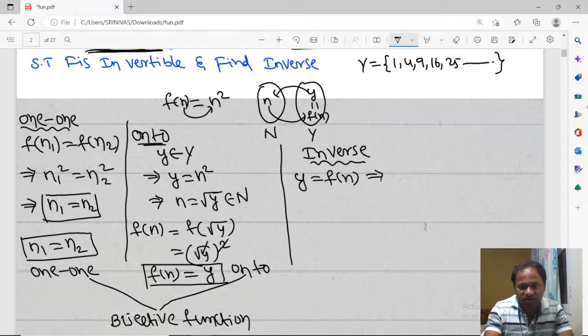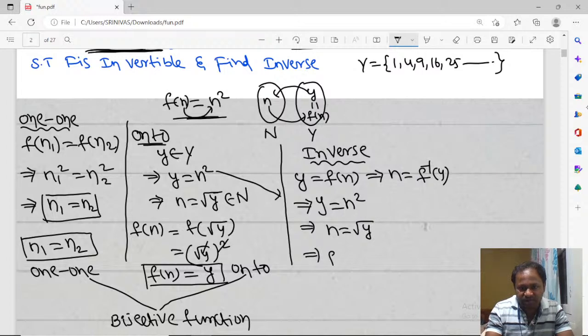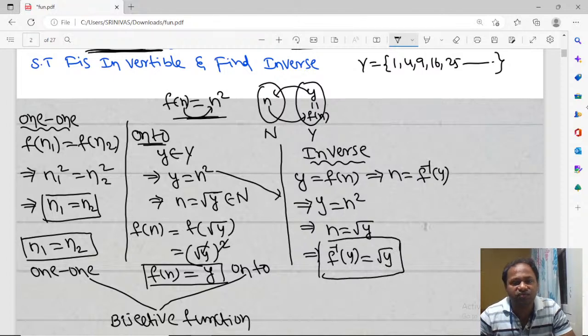So y is equal to f of n means n is equal to f inverse of y. What is the f of n value? n square. So that implies n is equal to root y. So n is nothing but f inverse of y is equal to root y. This will be the required inverse of the given function. So this is also an important problem and easy to get.